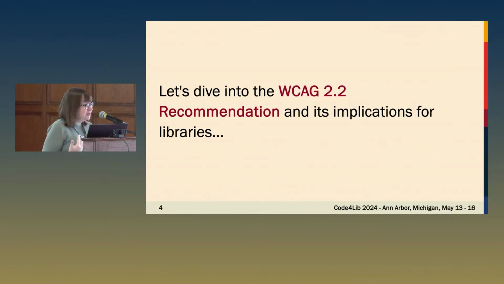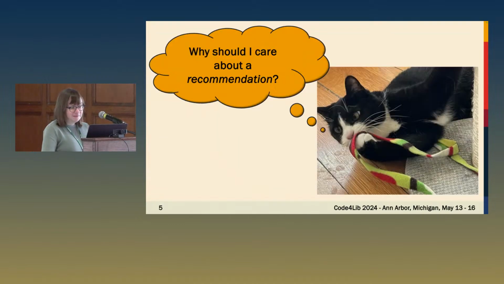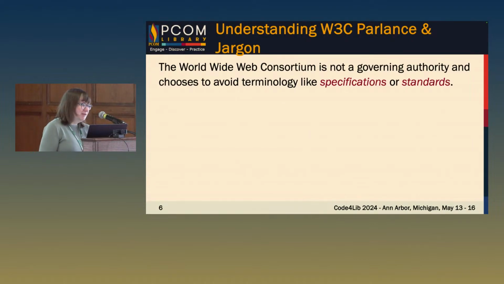But let's dive into the WCAG 2.2 recommendation and what it means for libraries, since this is still relatively new. Very new when we came up with abstracts for the conference. So the first thing you might be thinking is, why should I care about a recommendation? It's only recommended, right? Well, here's the thing. Remember, the World Wide Web Consortium is not a governing authority, but they are also very, very pedantic.